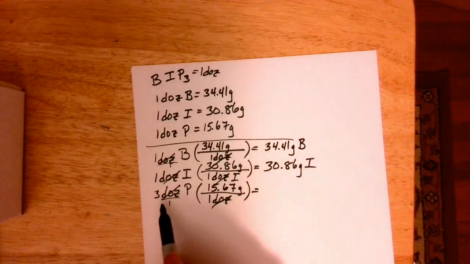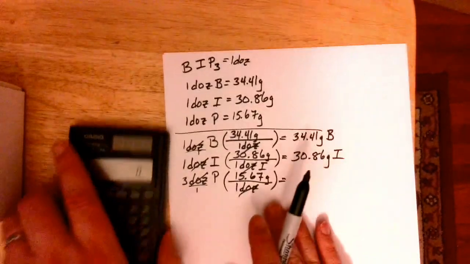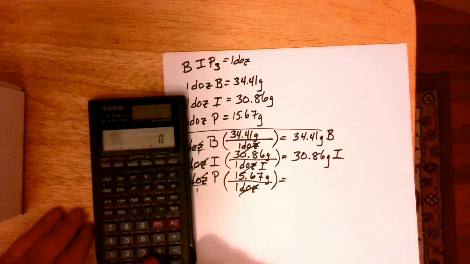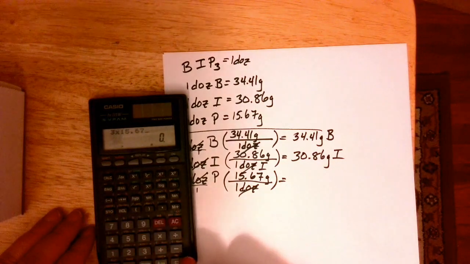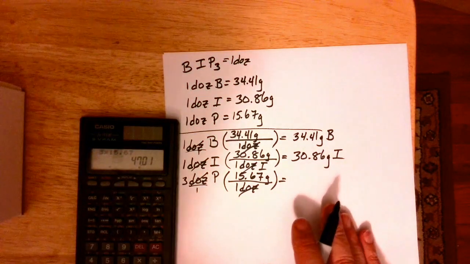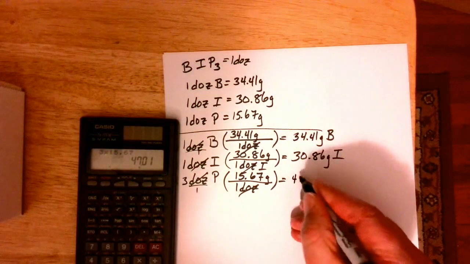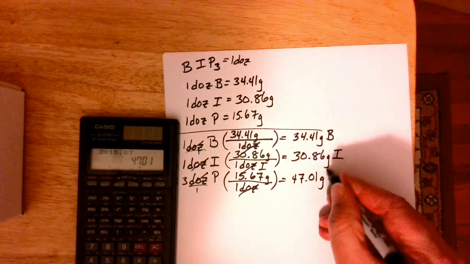So this time I'm going to have to take 3 times 15.67 grams. And I get 47.01 grams of paper clips.